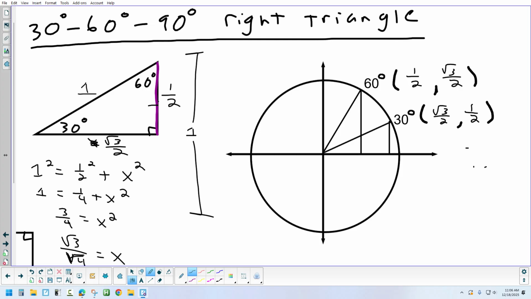So now we know the coordinates for 45, the 30, and the 60. Let's try doing a few trig functions, but we don't want to have to figure those out again, so we just want to memorize those coordinates. You can mix these up easily. They're both 1/2 and root 3 over 2, but you do need to get them in the right order. Which number is bigger, root 3 over 2 or 1/2?